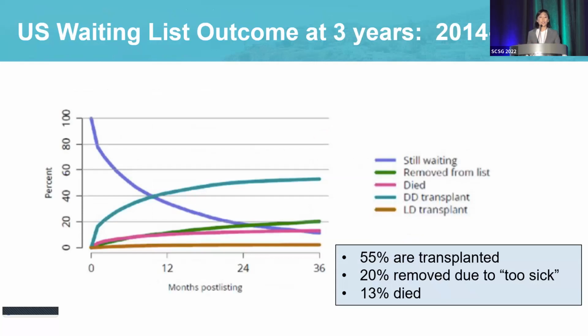If you look at the recent data, if you look at the data prior to 2014, but 55% of patients waiting on the wait list are transplanted, whether by DDLT or LDLT, so deceased donor transplant or living donor transplant, as you can see in the turquoise lines as well as the mustard line. And 33% of patients are either being removed for being too sick or dying on the wait list, as you note in the green line or the pink line.